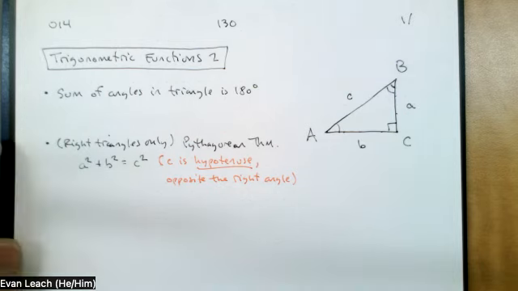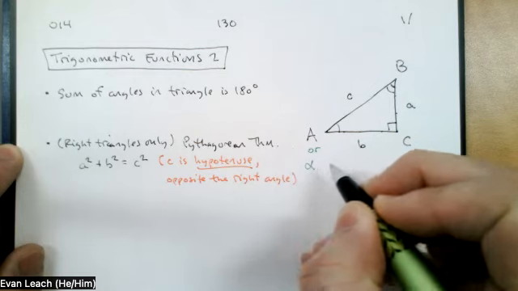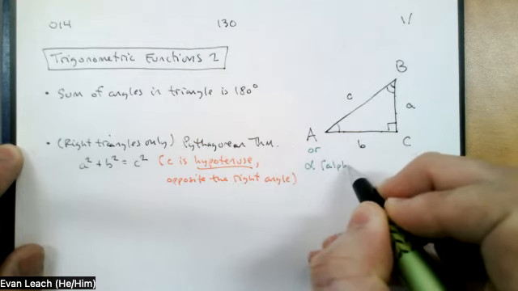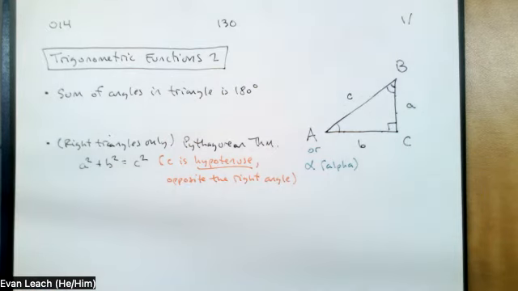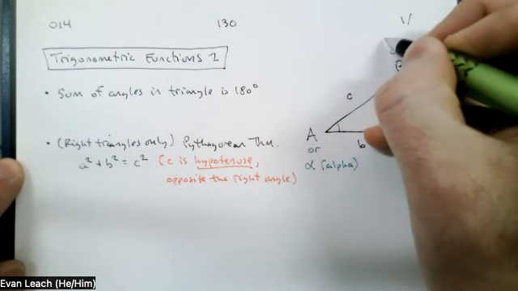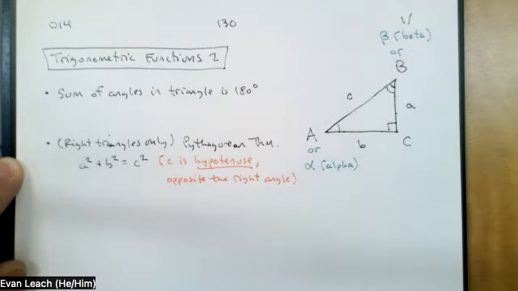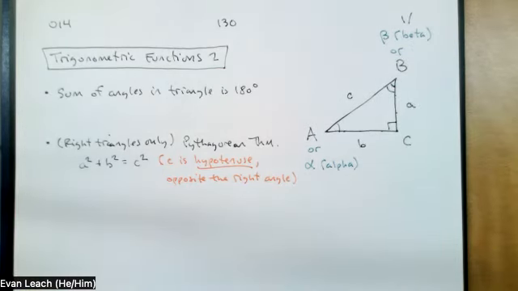I might call angle A angle alpha. And angle B, we might call angle beta. And we might call angle C angle gamma.